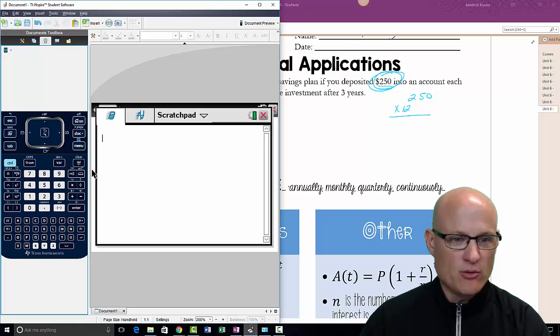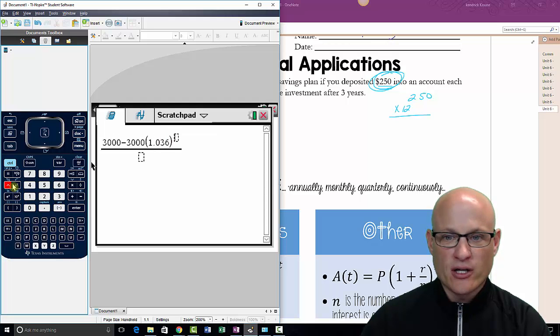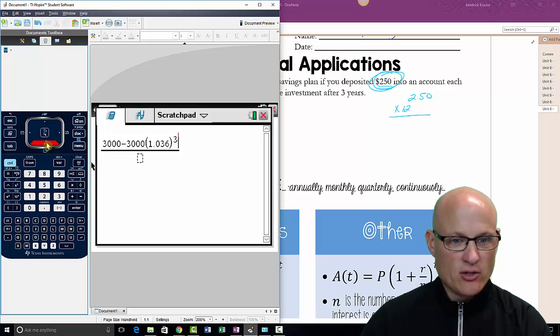You are going to be able to see my, even over there it doesn't show up. So let's see, 3,000 times 1.036 parenthesis raised to the 3 all over 1 minus 1.036.